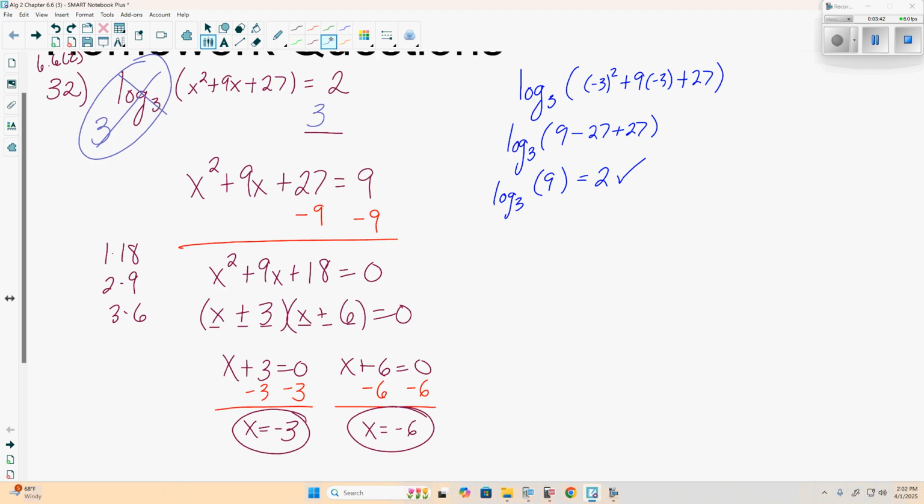If we look at the other value we got, log base 3 of negative 6 squared plus 9 times negative 6 plus 27. Negative 6 squared is going to be 36. 9 times negative 6 is negative 54.